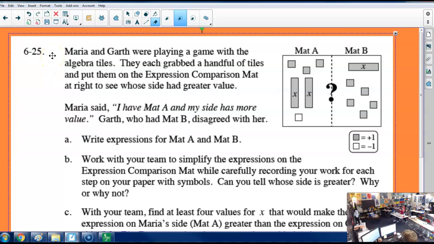So, is this what we just had? No, it's different, right? Build this on your expression, Matt. We got 2 x's, 3 positives, and 1 negative. Hey, we're all building. We're like Bob.